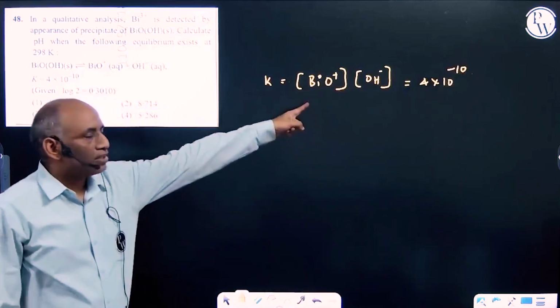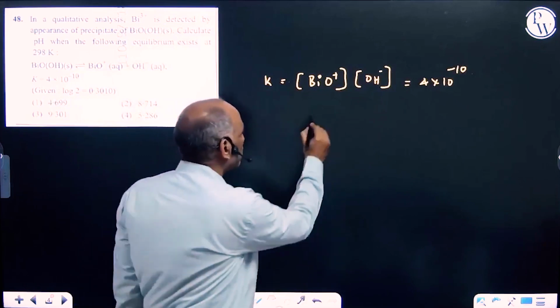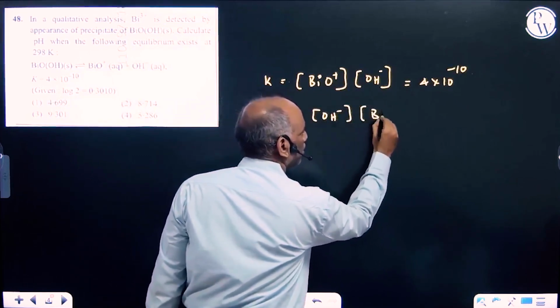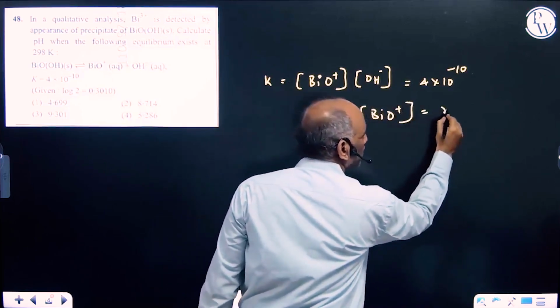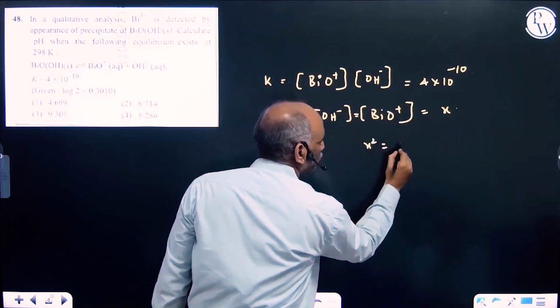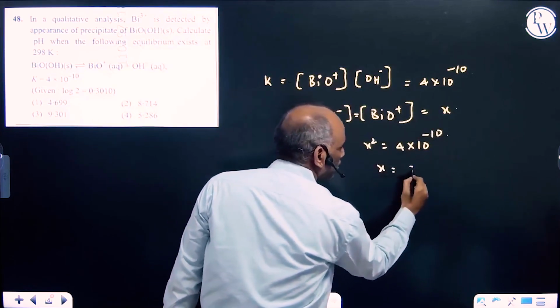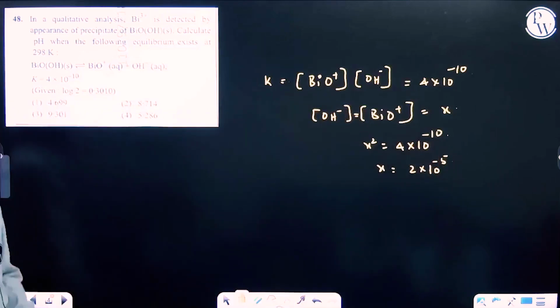If you take this as X, this will also become X. That means the OH minus concentration is equal to the BiO plus concentration, both are the same. If you take it as X, X square is equal to 4 into 10 power minus 10. You can write X as 2 into 10 power minus 5. So you got the OH minus concentration as 2 into 10 power minus 5.